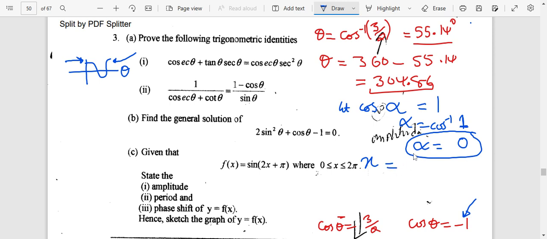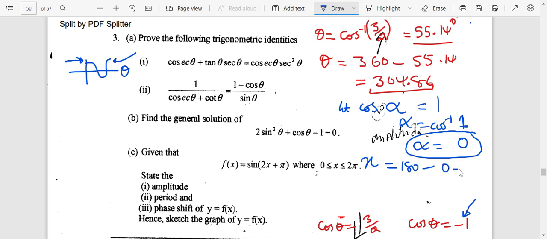So in the second quadrant, how do you find angles? Always take the angle that you have found in the first quadrant and remove it from 180. It is 180 minus the angle in the first quadrant.